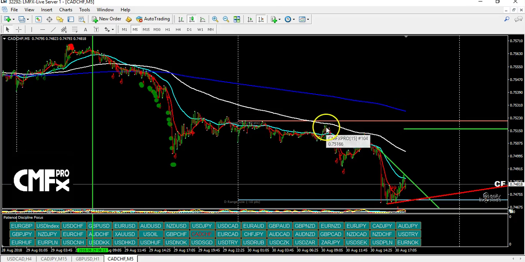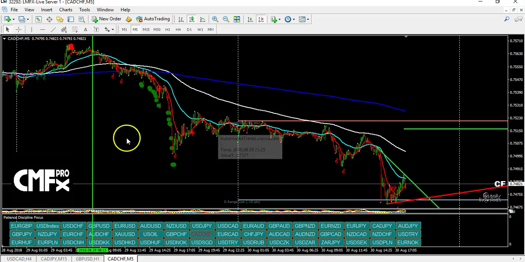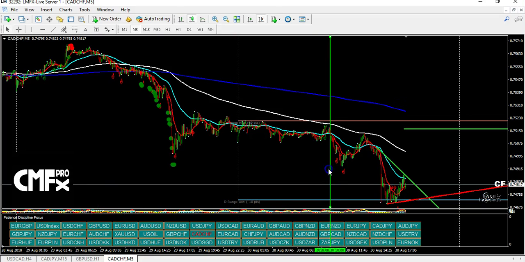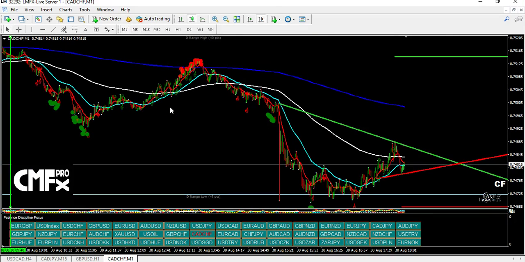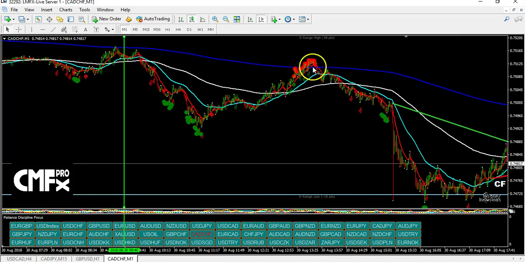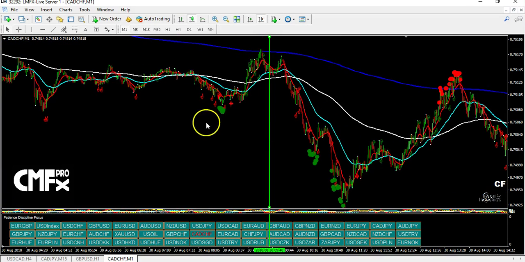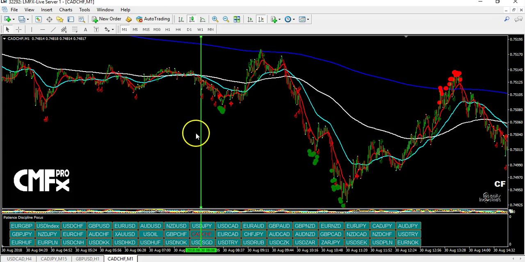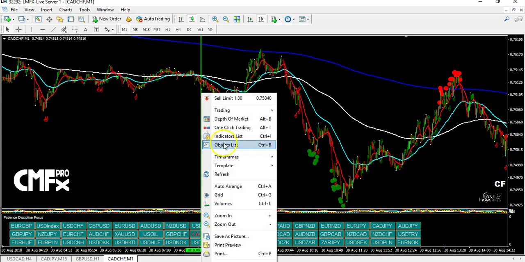Break it down to 1 minute, and these areas might have provided you nice in-line trend conditions to re-enter. And this one does. This got ID50.